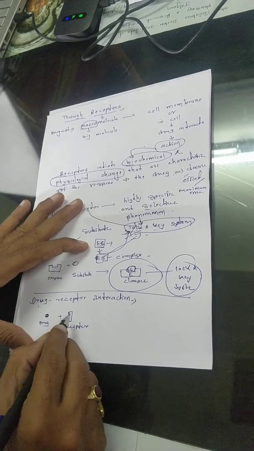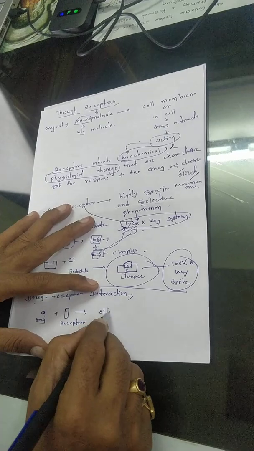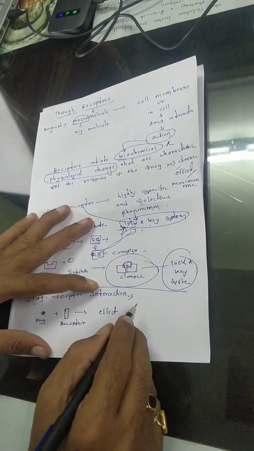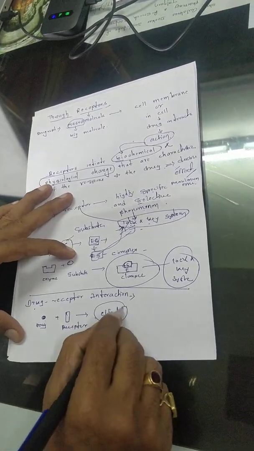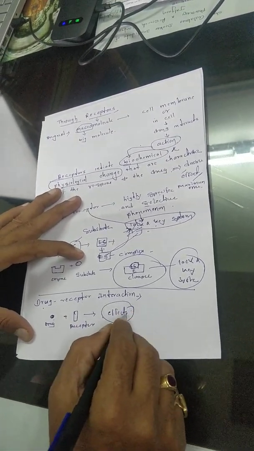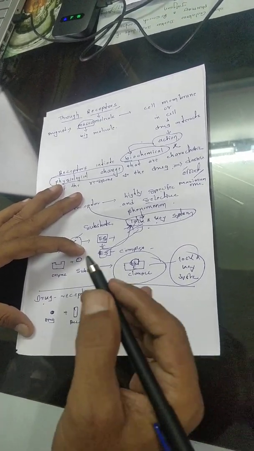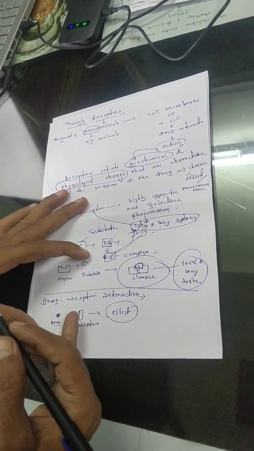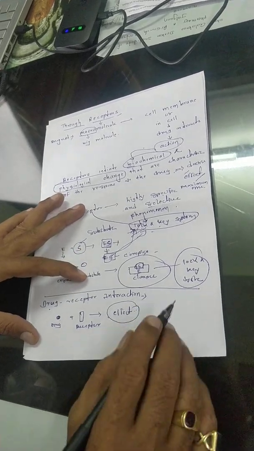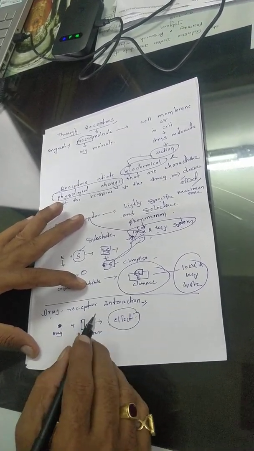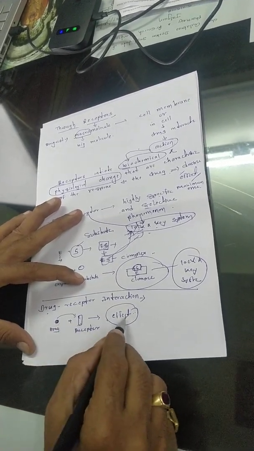The drug interacts with the receptor and produces the effect. The effect may be intrinsic, or it may be inhibition. Sometimes they produce a desired effect, and sometimes the drug and receptor bind to each other but do not produce any effect. There are so many types of it.